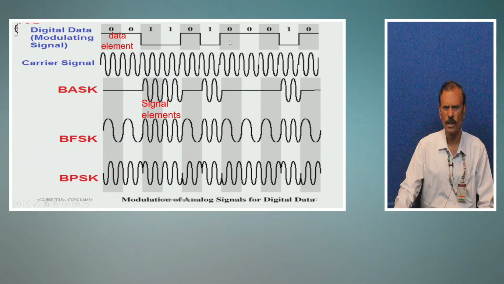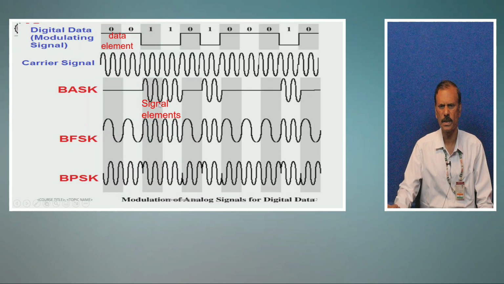When we multiply the carrier signal, when there is no signal, and when the signal is high, this is the signal we pass. When it is a 1, the signal is passing; for 0, no signal passes. Similarly we are going to study BFSK and BPSK. You have to understand here that these are the data elements, and correspondingly the signals that are transmitted we call signal elements.